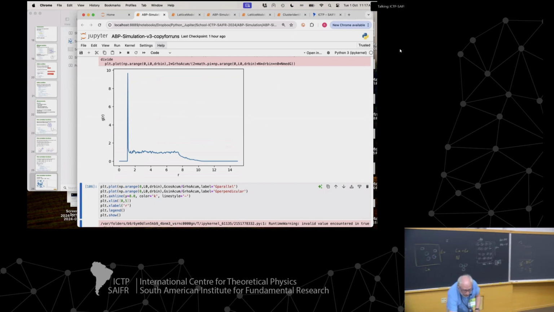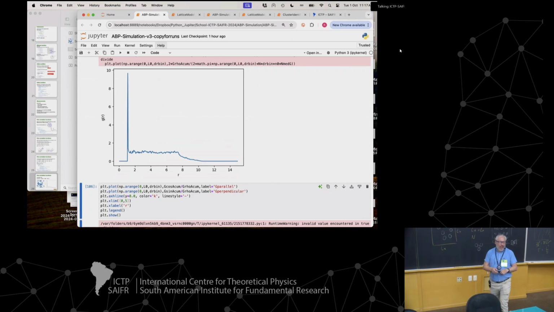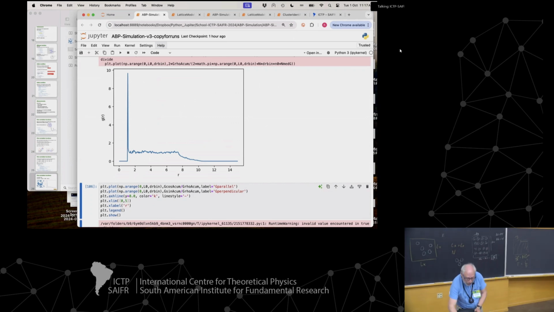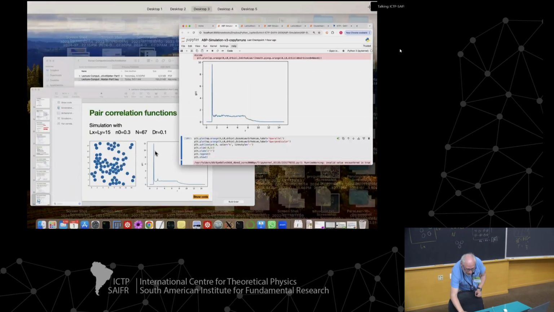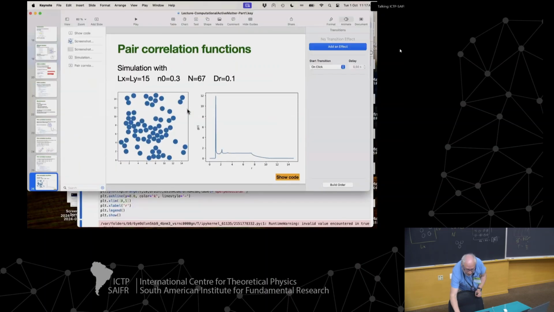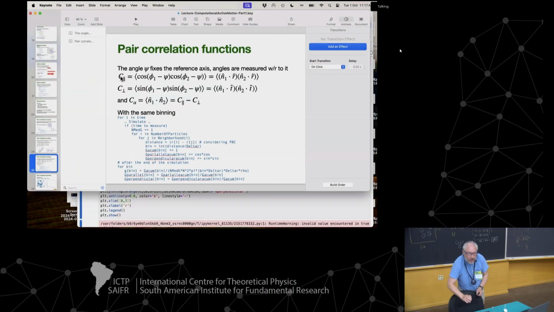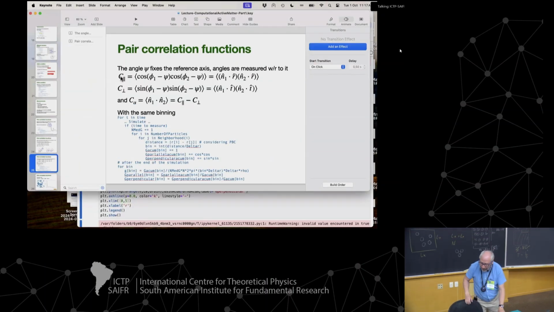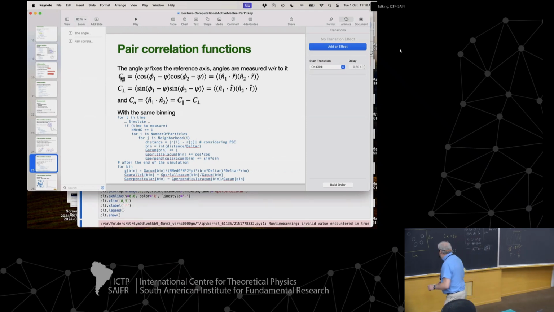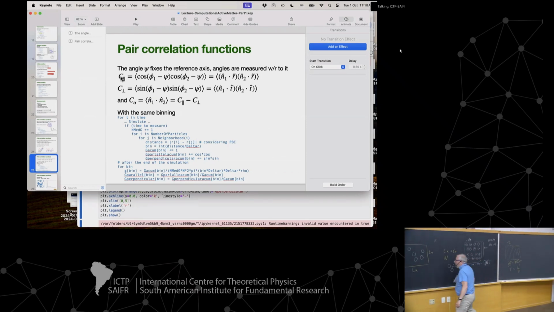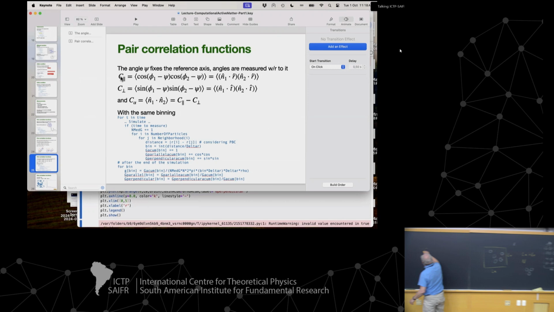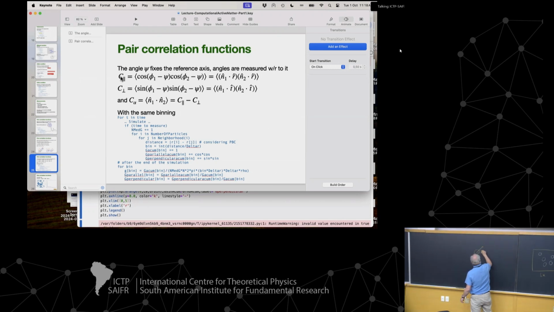And yesterday I asked you what is the shape of the parallel and perpendicular components of the correlation. So we have particles like this. This is phi. The other particle like this. This is phi.